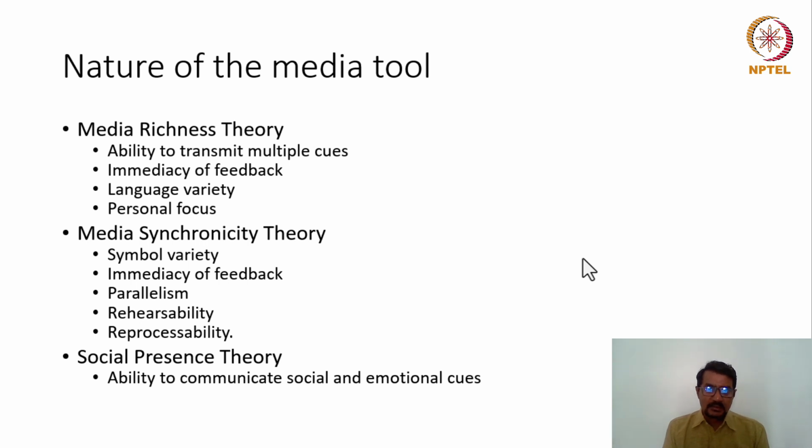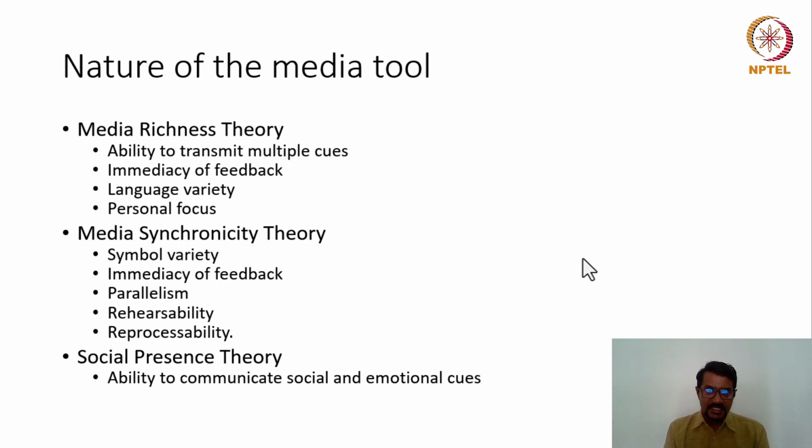We also looked at some specific aspects of this definition through some theories. When we spoke about the kind of technology used, it becomes important to understand what we mean by that. It's not like all technological tools used for communication are the same. There are certain differences. These are the theories which talk about these differences among these technological tools.